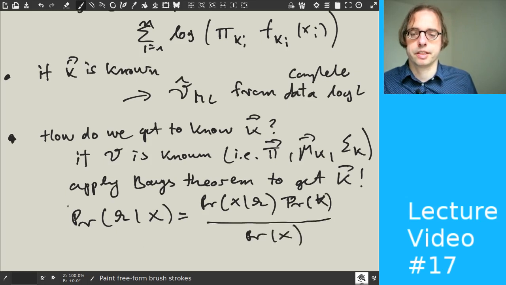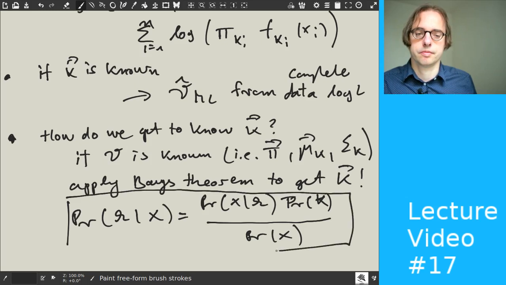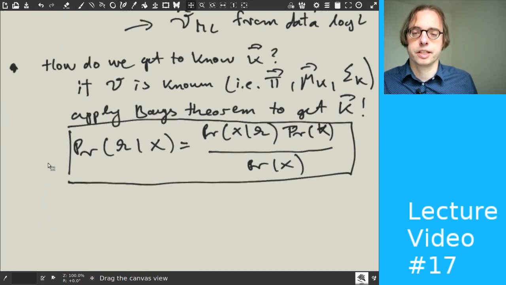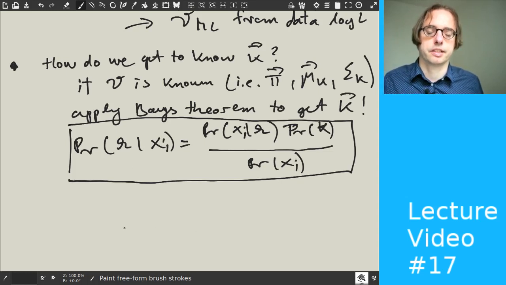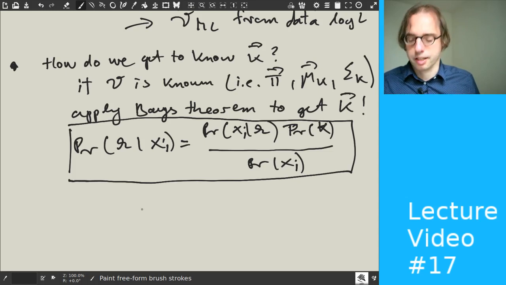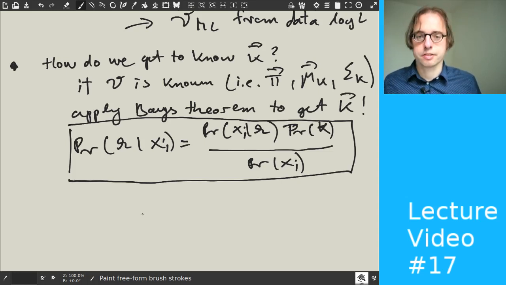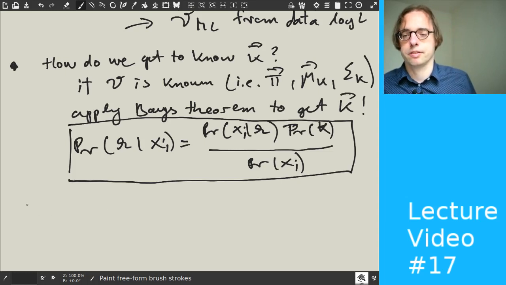So that's Bayes' theorem, and we use this to get the probability of k for each xi. So for each particular xi we get this probability using Bayes' theorem, and now we have the ingredients for the EM algorithm. So the EM algorithm works as follows.